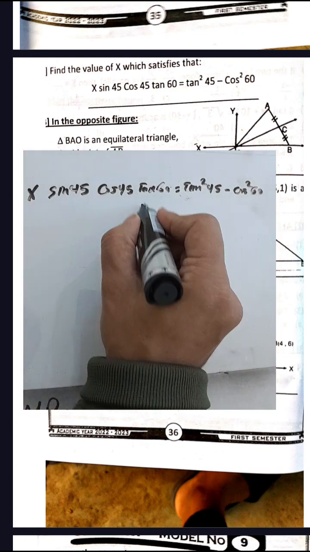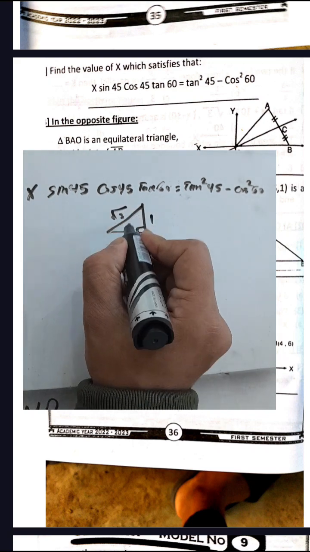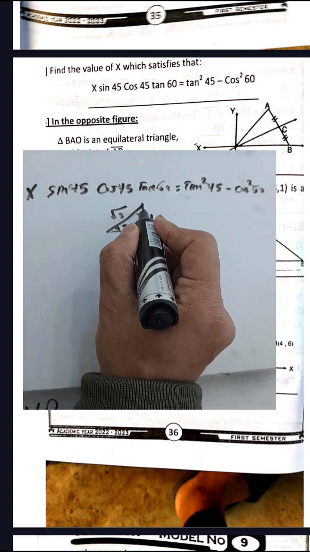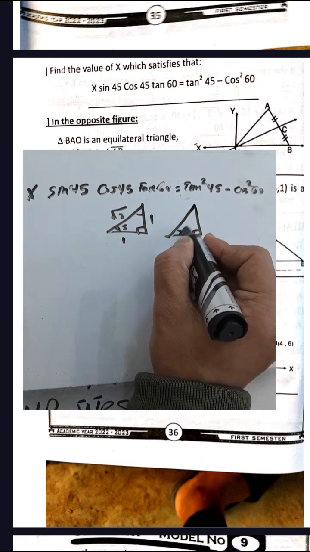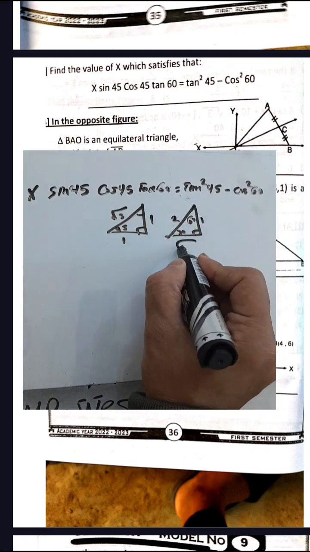We can solve this by drawing right triangles: 1, 1 and root 2 with 45 degrees, and 30 and 60 with sides 1, 2 and root 3.